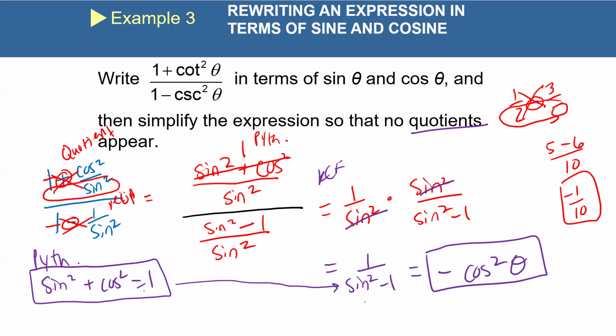If there's a way for me to make this look like that, what would I be left with? So if I subtracted the 1, that means I would have to subtract the cosine squared. So sine squared minus 1 has to equal negative cosine squared theta. Oh, sorry. I brought my 1 over.